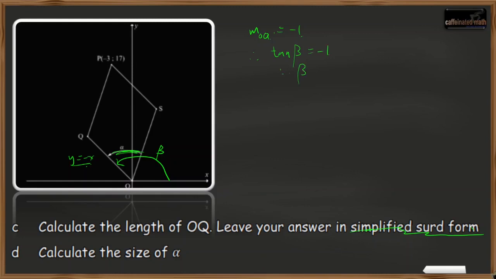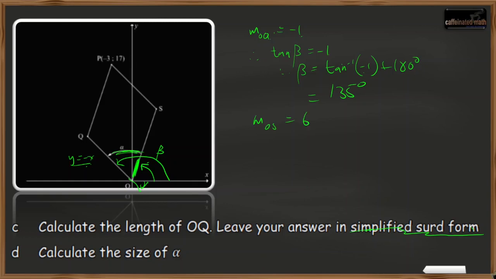Therefore beta is equal to inverse tan applied to negative 1, and then we'll add our 180 degrees because we don't want that angle over there. That's not the one we want. And then we'll get 135 degrees.